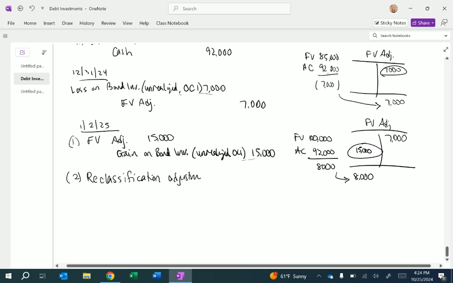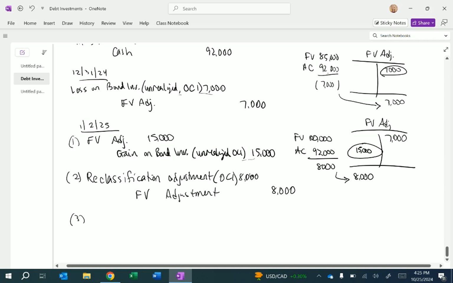We're going to report it as part of other comprehensive income, and then that's going to get closed to accumulated other comprehensive income, and then it's going to give us in balance an accumulated other comprehensive income of 0. We're going to credit the fair value adjustment account to eliminate the balance in fair value adjustment account.